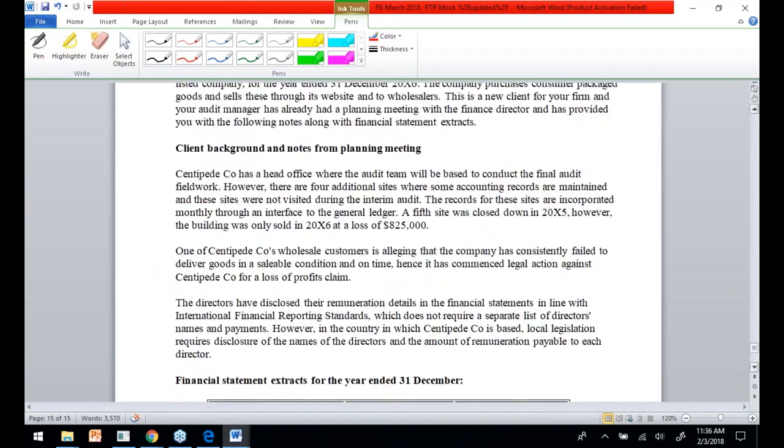All right. Let's suppose this. A fifth site was closed down in 2005. However, the building was only sold in 2006 at a loss of $825,000. Now, a building was sold in 2006 during the year ended 2006 at a loss of $825,000.